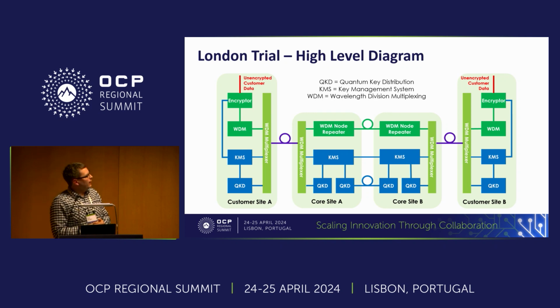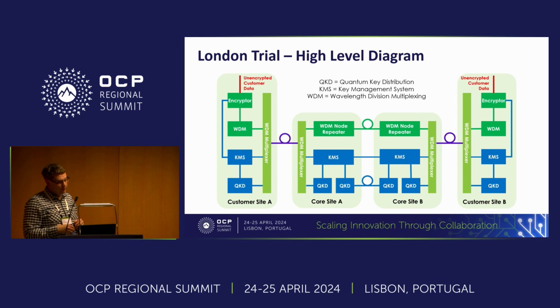So just to give you a high-level diagram of the trial, we can see that multi-layer diagram that we showed earlier. Individual QKD systems link the core sites together and also the customer sites into the core. Sitting above that is a KMS layer which allows the relaying of keys between the sites in the network using that authenticated one-time pad. Sitting on top of this is an optical line system for transmission of customer data from one site to another.